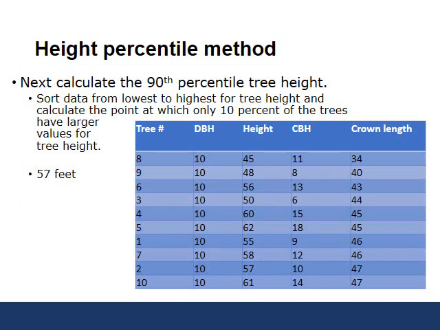The next step we need to do is calculate the 90th percentile tree height. To do this, you simply need to rearrange the tree list again such that the trees are from lowest to highest in terms of tree height, and then find the 90th percentile. For our data set, this is the 9th tree from the top. When we do this, we get 57 feet for the tree height.